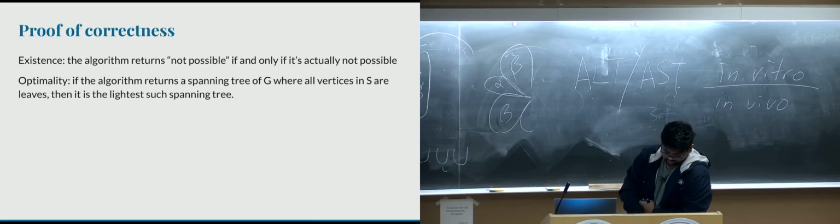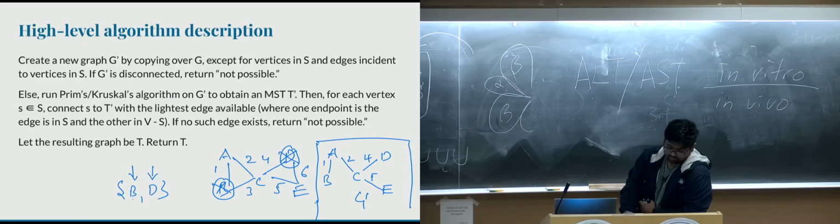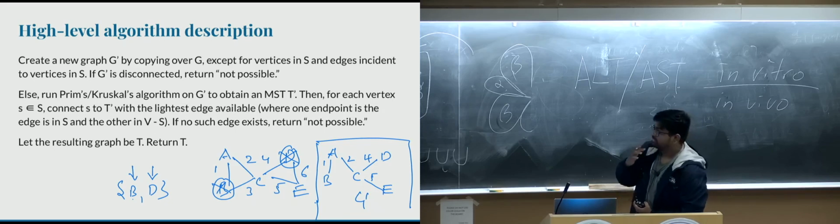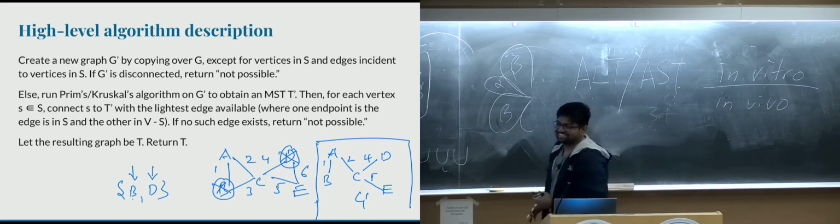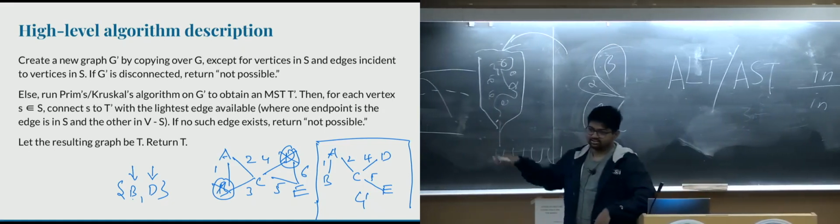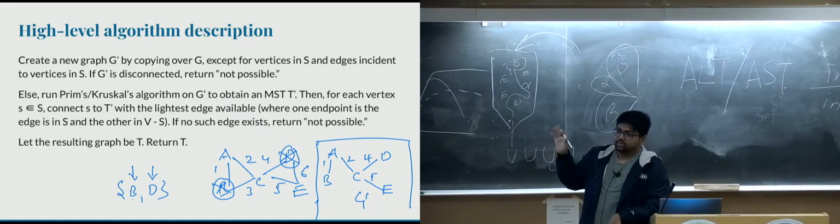Yep. So how will you prove this? You already had a peek at the solution, I guess, but how will you prove these things? Like in the lecture as well, you have seen the proofs for MSTs and such. You generally prove two things.